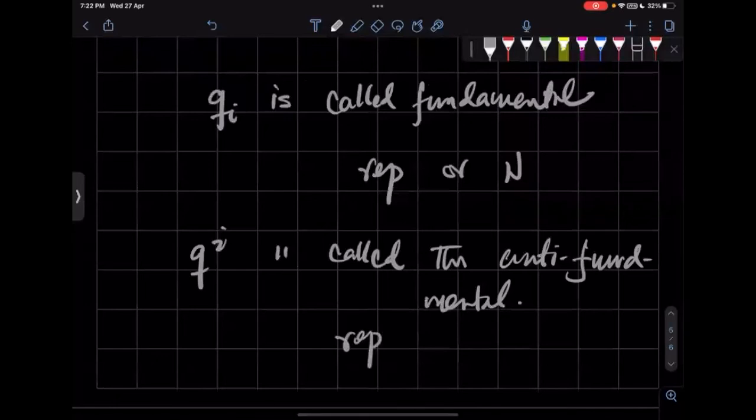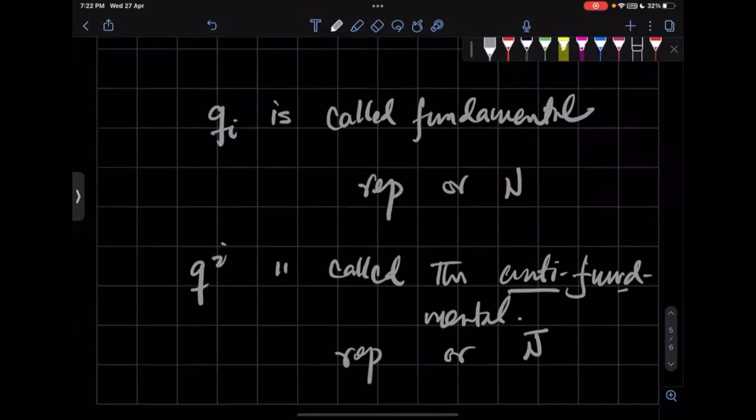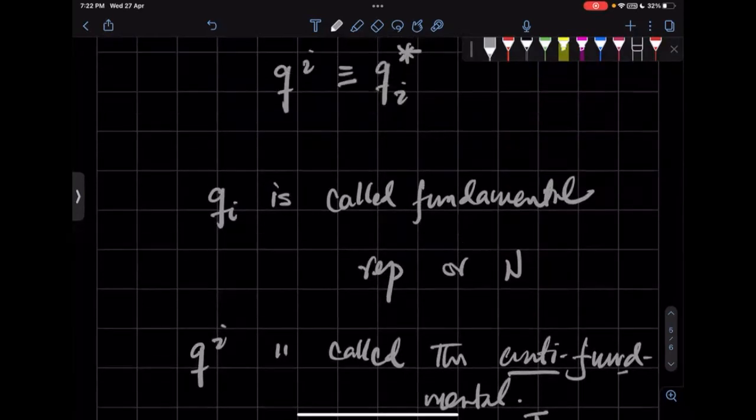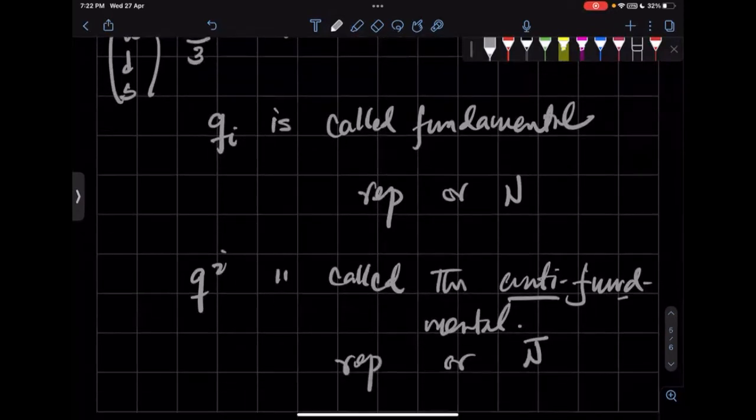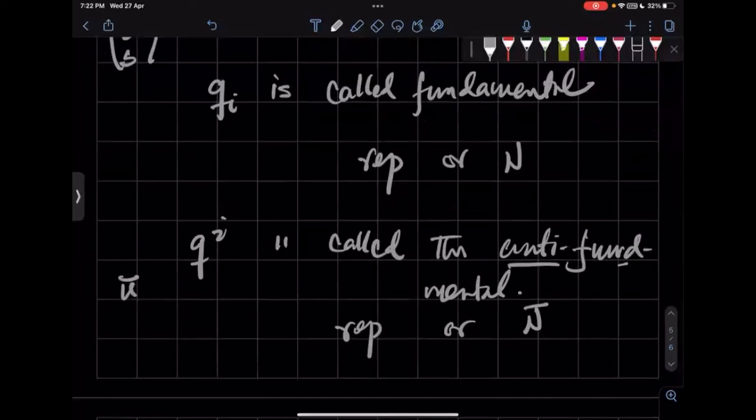And the anti comes from the fact that in strong nuclear physics, it turns out that for SU3, the three quarks, up quark, down quark, and the strange quark are approximately in a 3 representation of SU3. And then the anti-fundamental representation consists of the anti-quarks, anti-up quark, anti-down quark, anti-strange quark. Okay, so any questions?